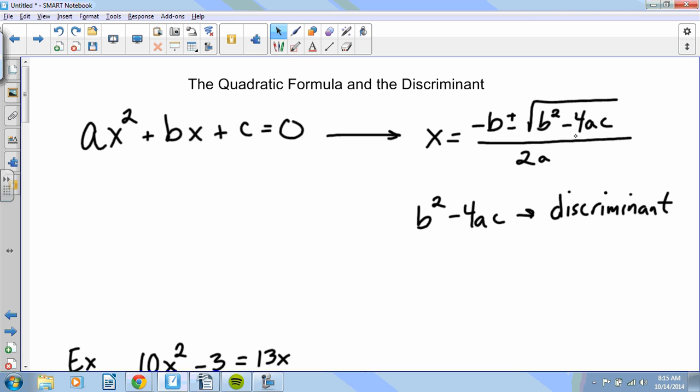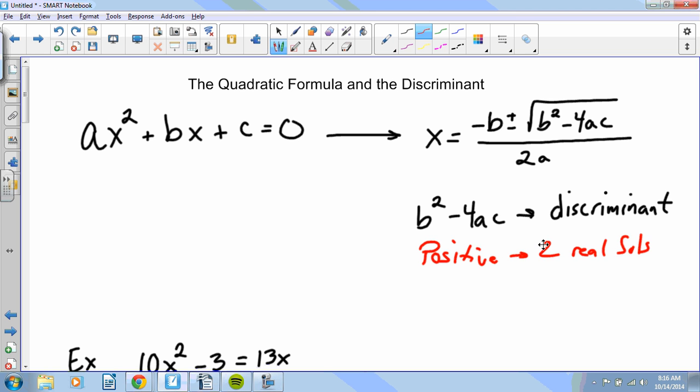The other part is the stuff underneath the radical, the radicand of the quadratic. That is called the discriminant, and it gives us several pieces of information. The biggest is it tells us how many solutions we have. So if I just took b squared minus 4ac, if the discriminant is positive, there will be 2 real solutions, meaning this will have 2 x-intercepts.